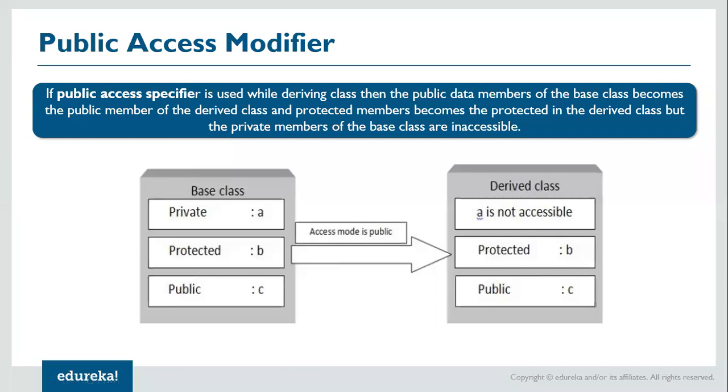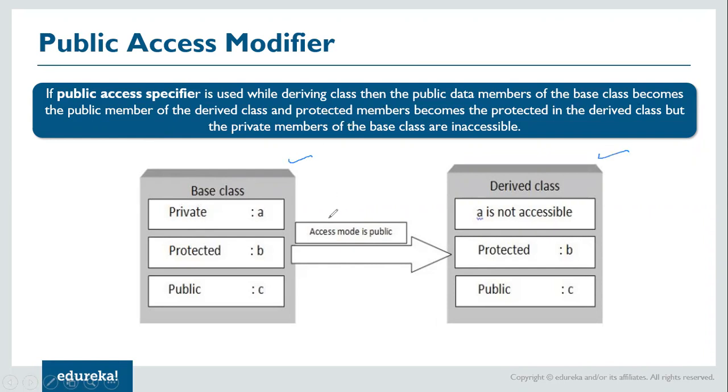So now coming back to our slides, let us understand the concept of access modifier with respect to inheritance as well. If the public access modifier is used when deriving a class, then public data members of the base class become public members of the derived class, right? So suppose this is a base class and this is a derived class.